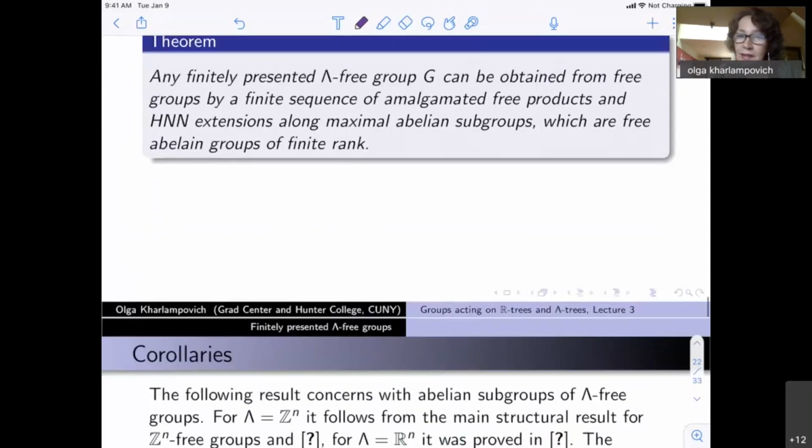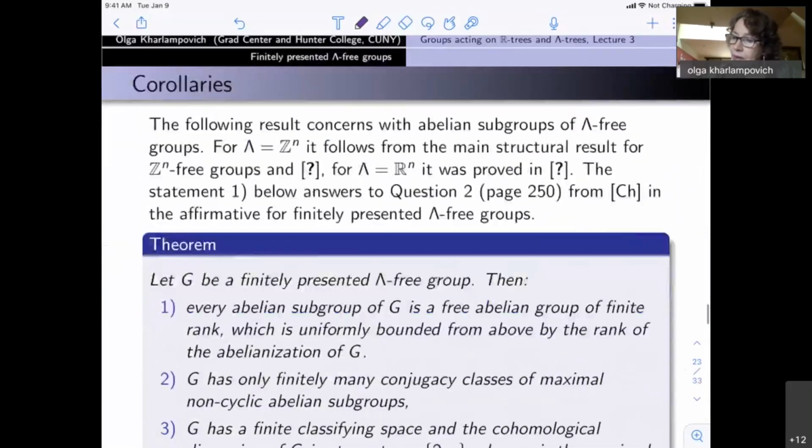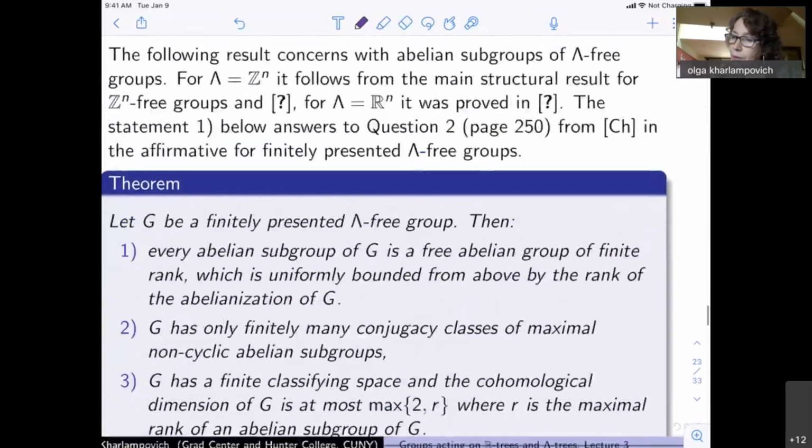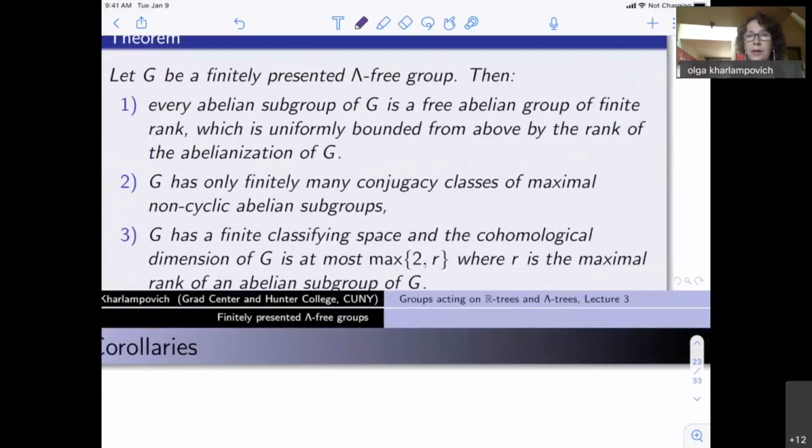But finitely presented Lambda-free groups still have very nice properties. For example, every abelian subgroup of such a group is free abelian of finite rank. And the rank is uniformly bounded above by the rank of the abelianization of the group.